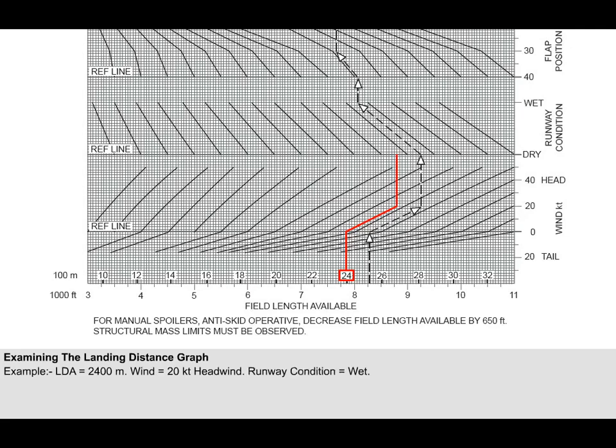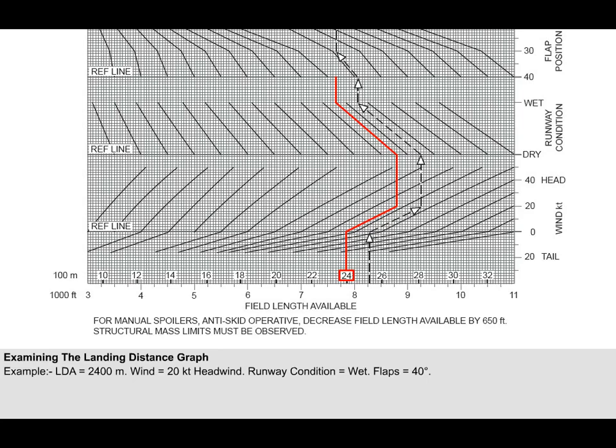Then move straight up to the next reference line, which is for the runway condition. If the runway is dry, simply travel vertically upwards. However, if the runway is wet, which is what we will assume, travel up and left to this point.